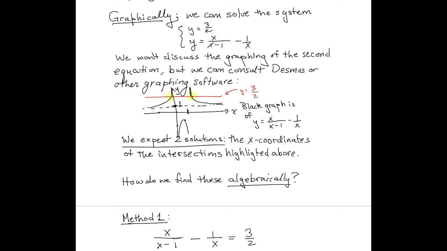What we're looking for in this system is the intersection of the red graph and the black graph. This only happens at 2 points, so the solutions are these x-coordinates associated with these 2 intersection points. So we expect 2 solutions in this case.